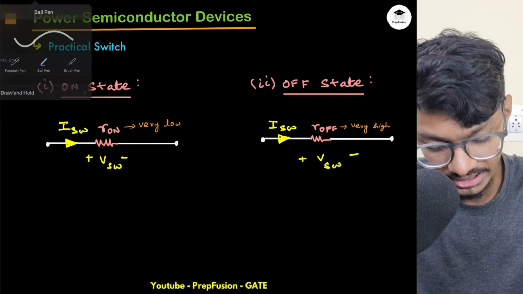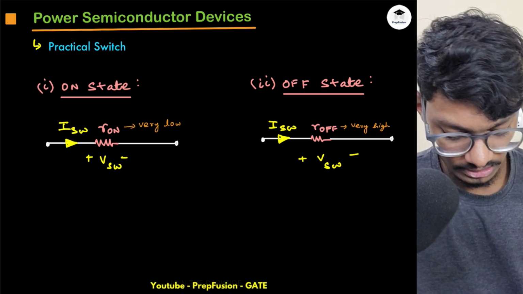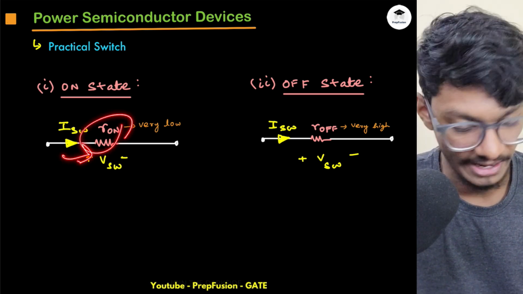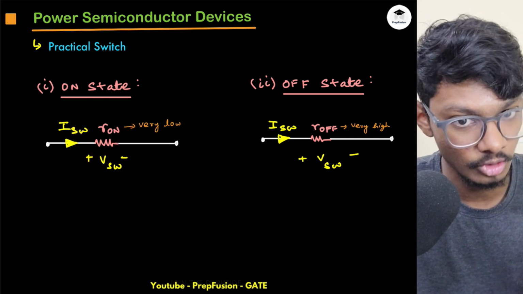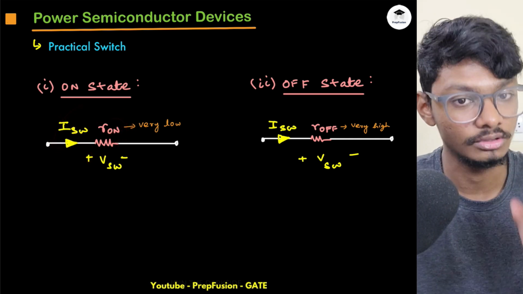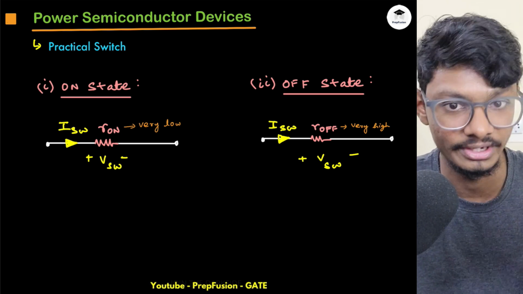So in this case, obviously some current is flowing through the switch and we have some R_on resistance, which is very low, I do understand, but there will be some drop. What will be the drop? That will be I_switch times R_on. So this time my switch voltage is not 0 when it is turned on.